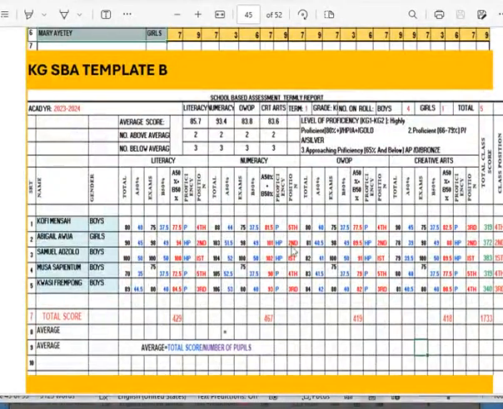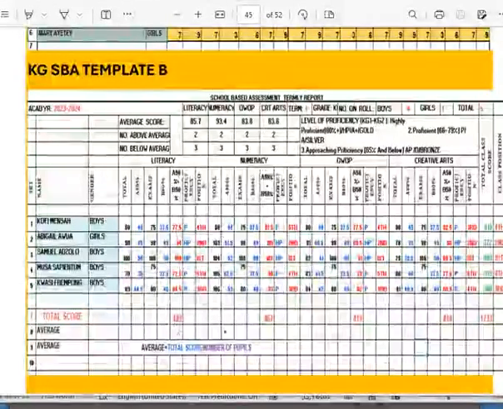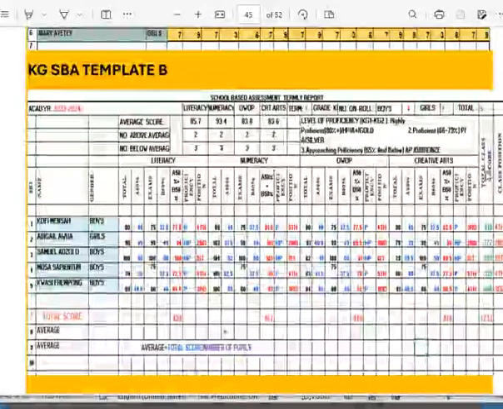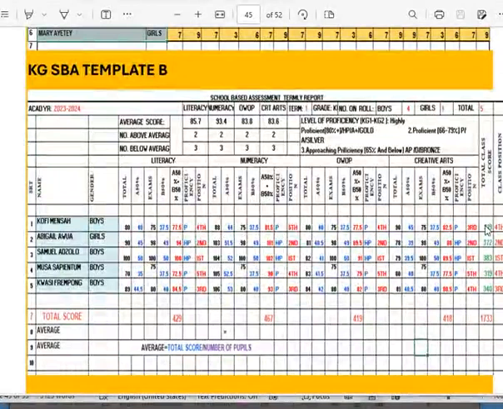So you see, when that is done, you'll be able to have the total score for numeracy, all the scores for numeracy over here, which is 429. Then under numeracy 2, you have the total score over here, OWOP also here, then creative arts over here, to have the total class score for each individual pupil.